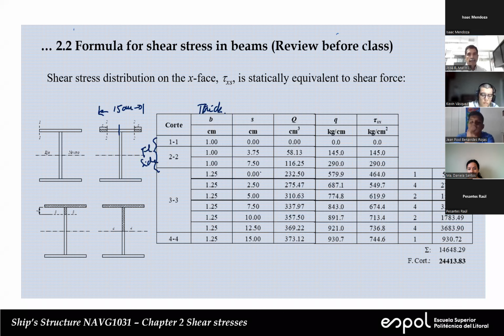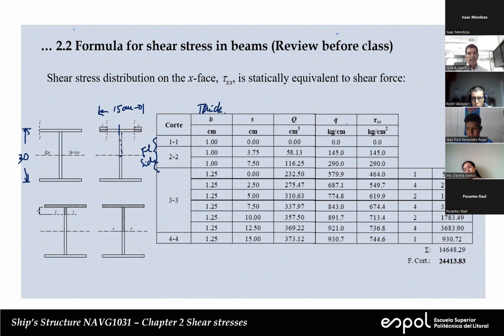Now we keep going with the position S. In this case, we measure S from here downward, but we can convert that into values of Y, just for plotting, you will see that in a minute. And so we go from 0 all the way to 15. Remember that the height of this is 30. So we have different values along these points up to the neutral axis, which is half the height. So that's why we go up to 15, right?